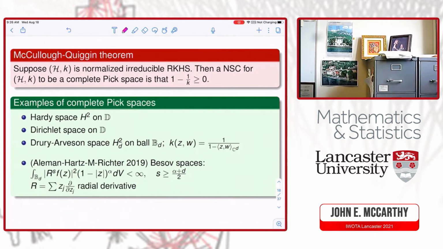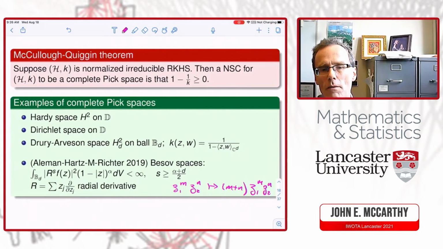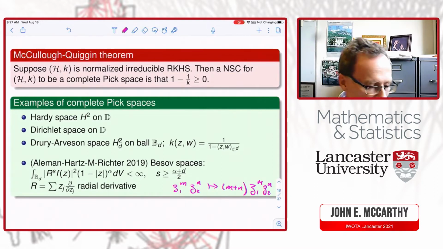Let me just write it out in 2 dimensions because it's easier: I take z1^m z2^n, and that maps to (m plus n) times z1^m z2^n. And the same in more variables, just write it this way for simplicity. So in this form, it's easy to see what powers of the radial derivative are, even fractional powers, R_s.